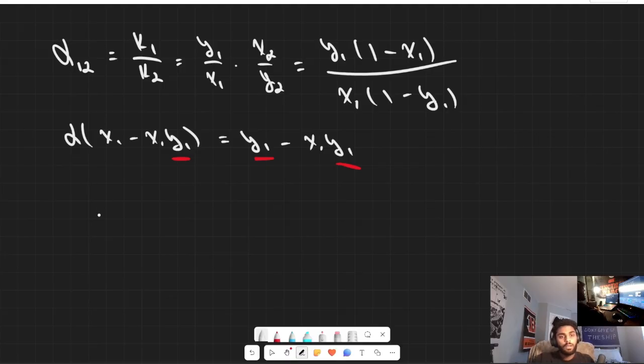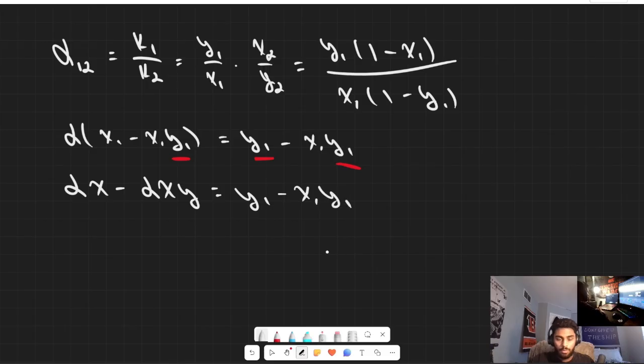I can start by getting all my y terms on one side. So let's do alpha x minus alpha xy. I'm going to drop the subscript so I don't have to keep doing that, but we know that by this derivation, this is for our more volatile component. So alpha xy here is equal to y1 minus x1 y1.